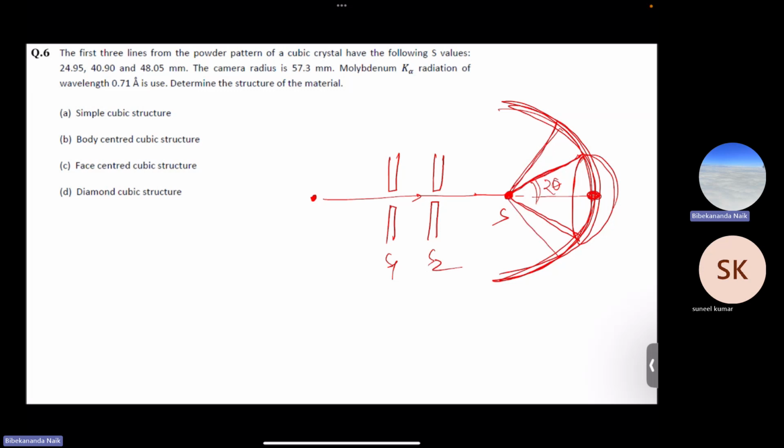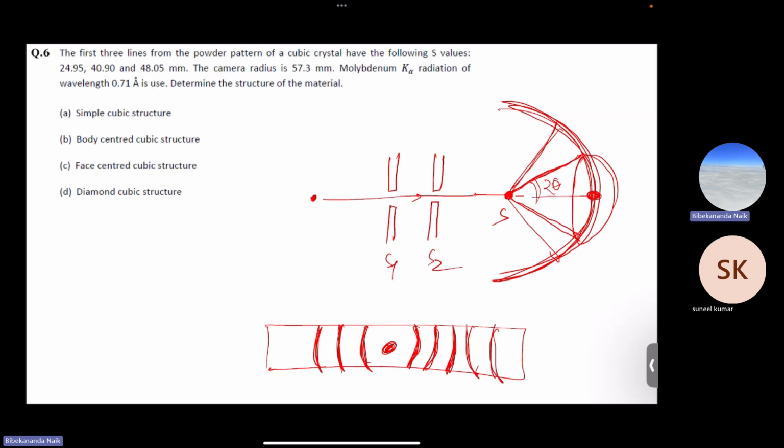So on the screen, suppose this is the central part, there will be circular structures and then structures surrounding it. So this is the powder crystal method, where a powder sample is used.